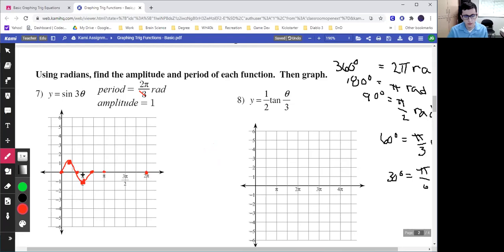Sine of that would be 0. So we're at 0, which means we're missing an uptick here, which would probably be here. And then there would be like a downtick like this. And then an uptick here, and then a downtick there. Something like that.